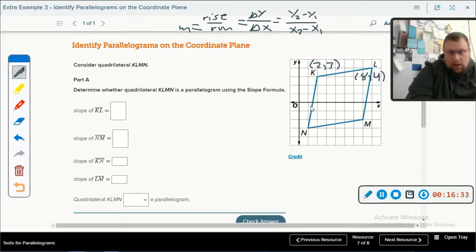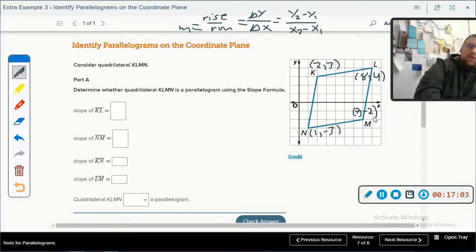N is 1, negative 1, 2, 3, so (1, negative 3). And M is 1, 2, 3, well, this is 8, M is 7, and down 1, 2, so (7, negative 2).